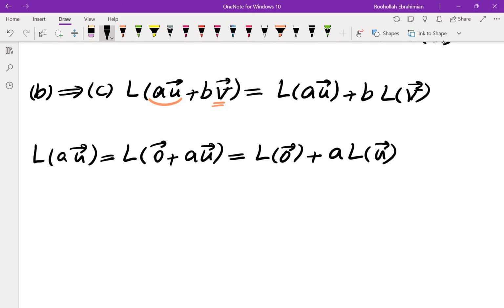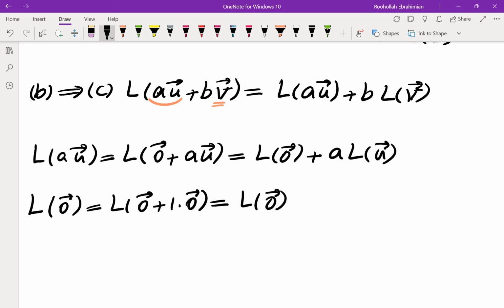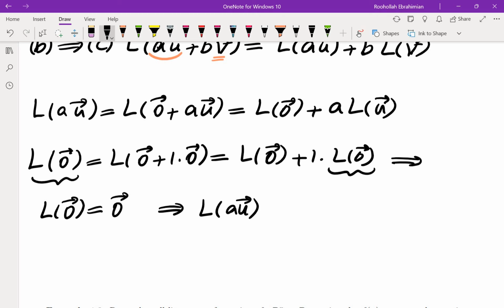L of 0 is the same as L of 0 plus 1 times 0. And I'm going to use part B. I'll write it down as L of 0 plus 1 times L of 0. Now these two can be cancelled, and that gives me L of 0 is in fact equal to 0. Now that L of 0 is 0, that means L of AU is equal to A L of U. This is because of this equality.